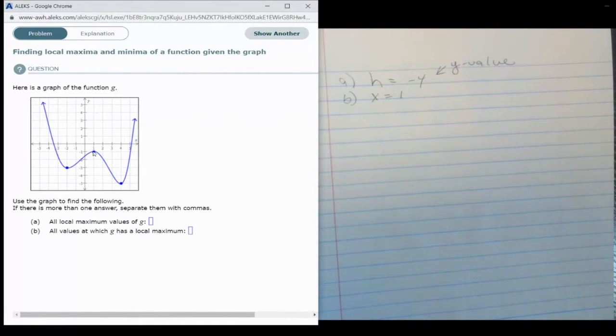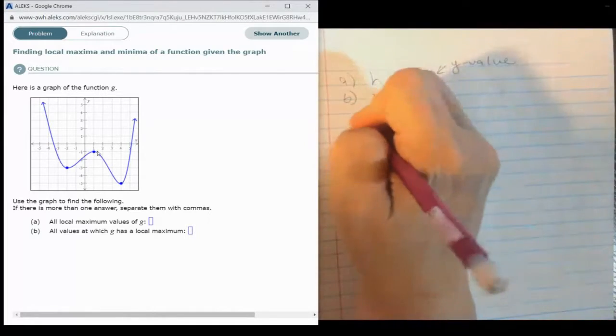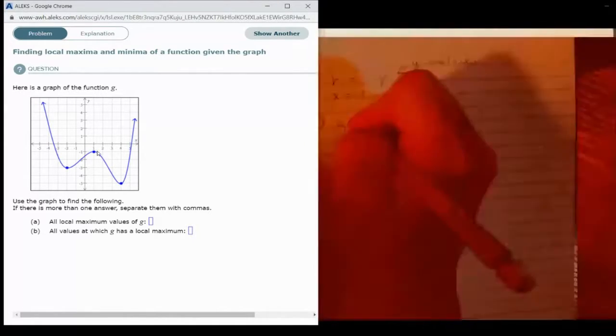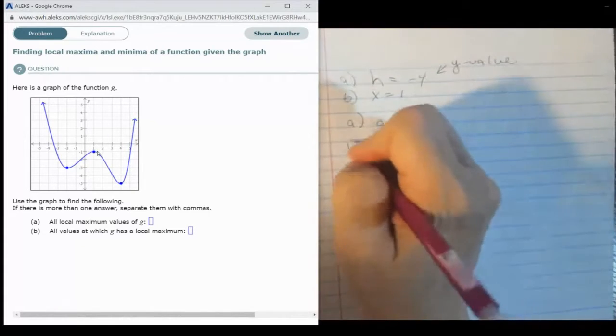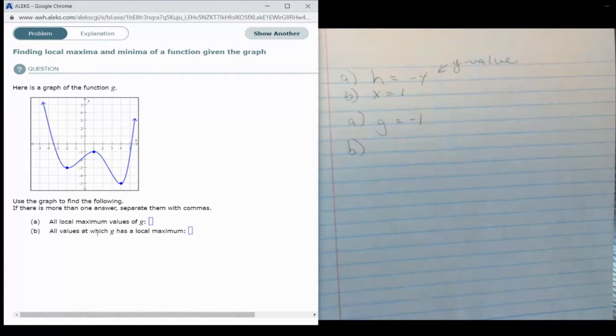So the local maximum value of g is -1. Because the function is g, that means it's the y value. All the values at which g has a local maximum, 1 is the x value.